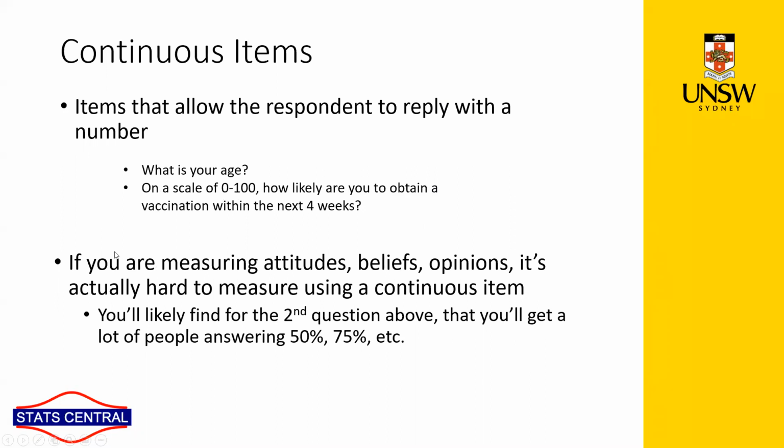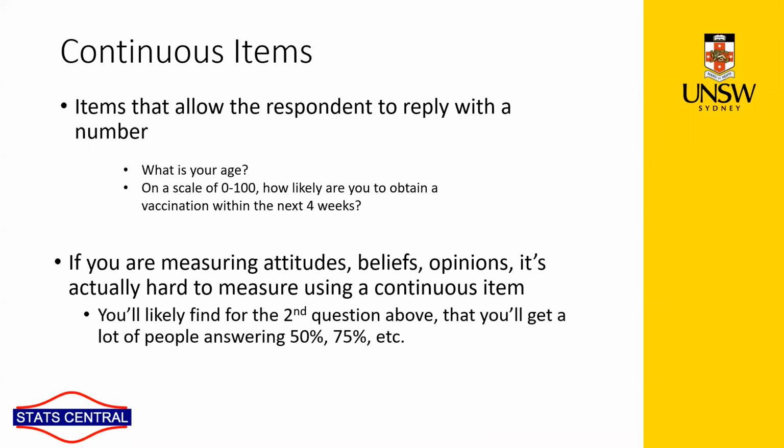Now, the thing about that type of question is that if you're measuring attitudes, beliefs, opinions, it's actually hard to measure using a continuous item. First of all, people are really different in how they interpret a 0 to 100 scale, except for those very end endpoints. They're going to be quite variable in their quantitative response to that scale.